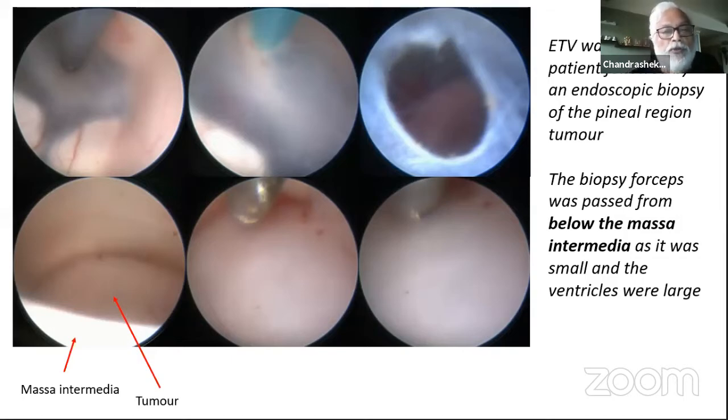In the beginning, when you have not done many cases, your forceps will usually slip down and you cannot catch a biopsy, and therefore using a 30-degree scope during biopsy works well. However, I think with experience you can do it with a 0-degree scope.